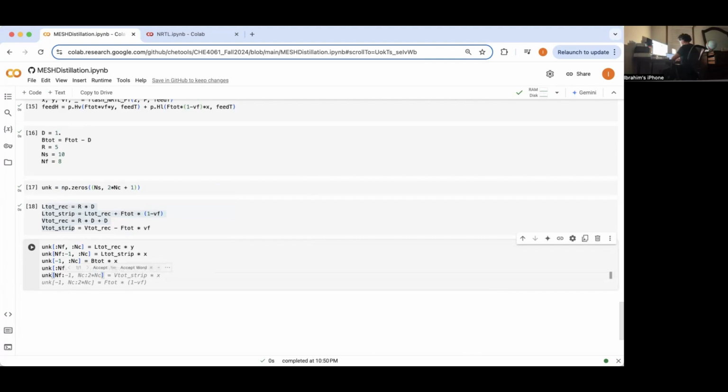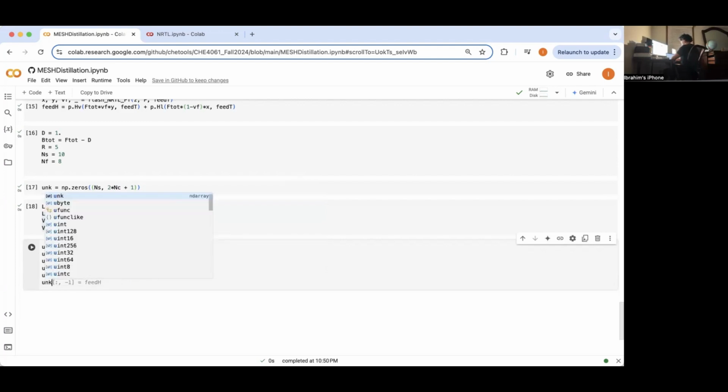Okay, this throws me off, and there's stuff there that confuses me and isn't right. I'm like, what if I'm wrong? But it's going to look like this: 2 times NC, and this will be equal to our V in our stripping section times our liquid composition X. All right, for our last one, we're setting up our NRTL functions.